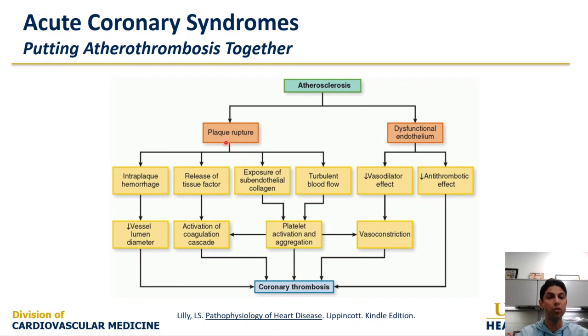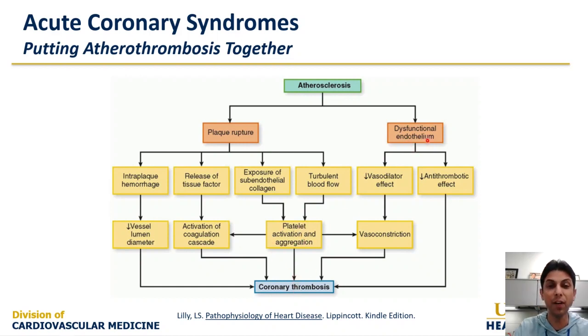We also talked about 2 slides ago about how there's a release of tissue factor. The release of tissue factor results in the activation of the coagulation cascade. Additionally, there's exposure of subendothelial collagen, which activates platelets and results in aggregation, which we'll talk about later in this lecture. There's also turbulence of flow, which can also result in platelet activation and aggregation. And with this platelet activation and aggregation, we can get coronary thrombosis.